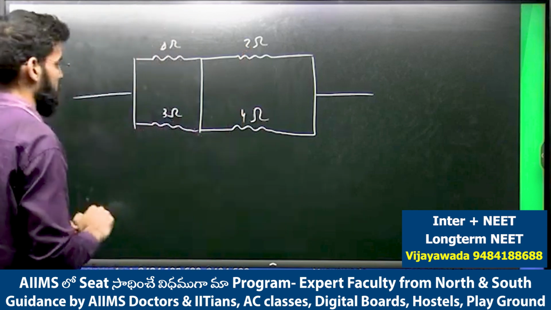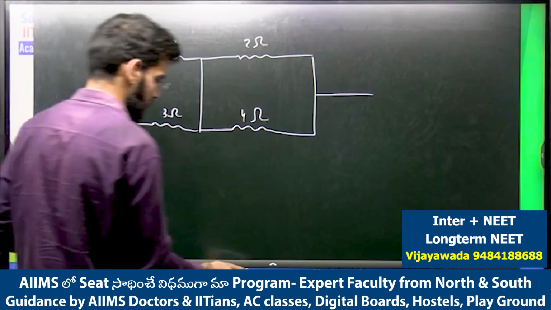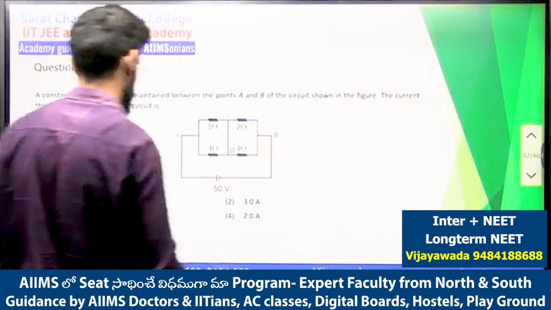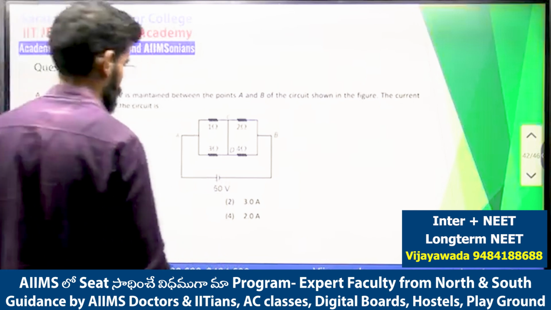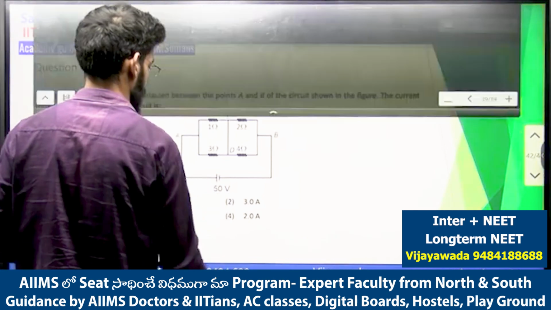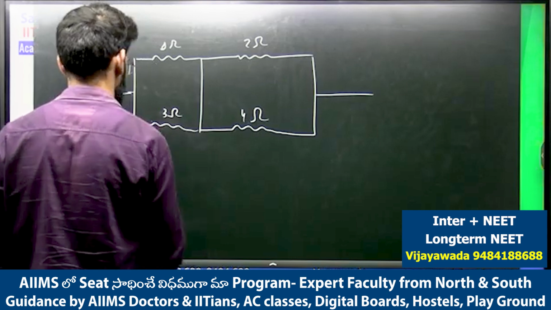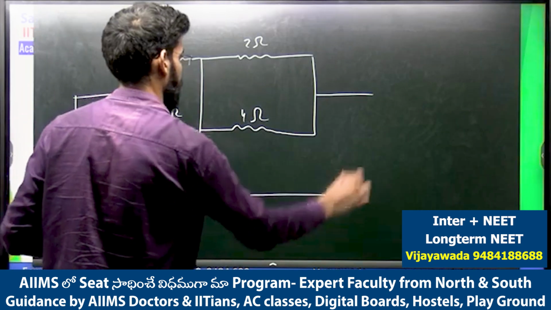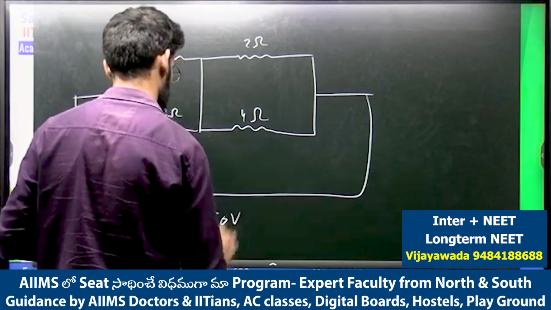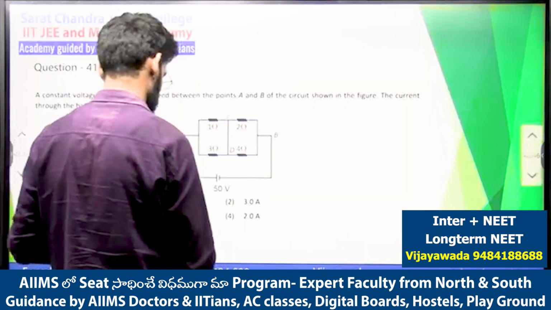Okay, like this. And now calculate the equivalent resistance first of all, and calculate the current. So the battery voltage is given as 50 volt. Okay, that's it. This much is given.